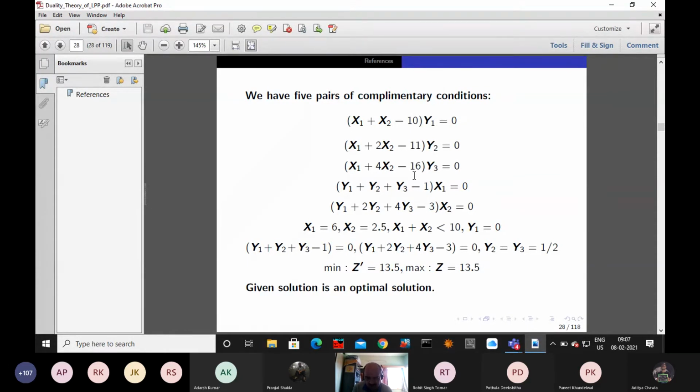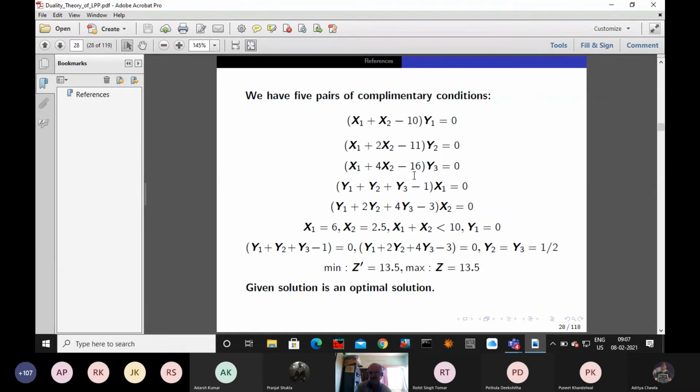Already we got y1 equal to 0, so we have obtained y2 plus y3 equal to 1. Then the next one, x2 is not equal to 0 and y1 is 0, so we are getting 2y2 plus 4y3 equal to 3.